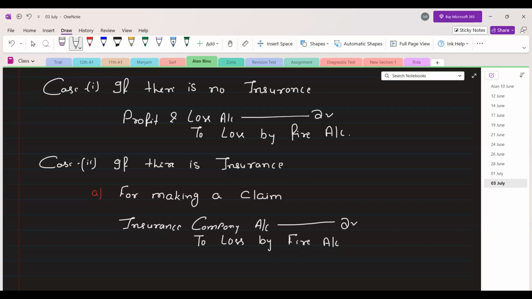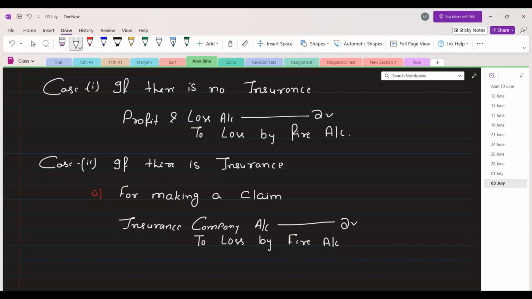Sir, only to the extent of the loss they will pay. Actually, they verify themselves. They check by their own agent or verifier. They check it, they verify it, and then accept the claim. So generally, the claim accepted by the insurance company is less than the claim made by the business person.